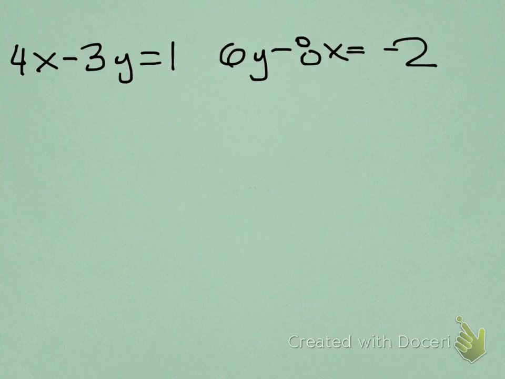And again, I'm going to do one more. I need to follow step 1 and make one of these equal to y or x. So I'll just do the first one equal to, let's say, y. So I'm going to take the 4x, put it over here.